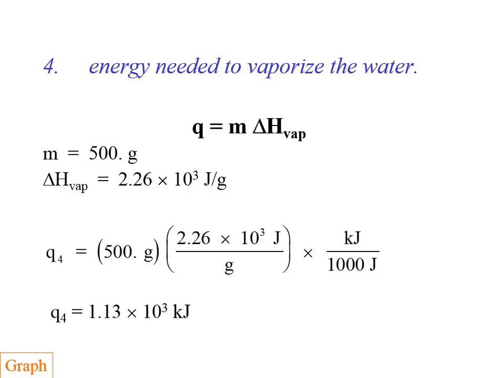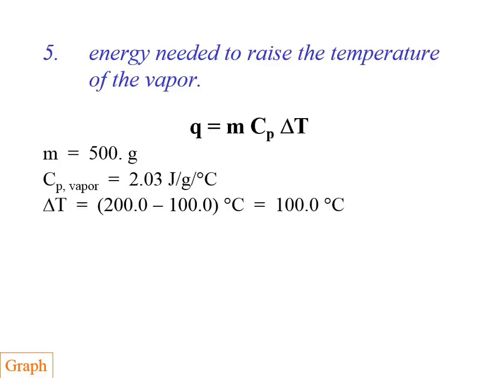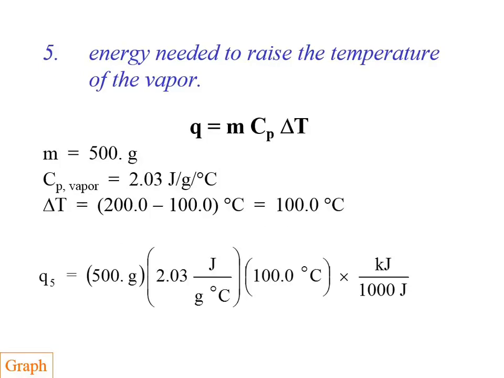Then last but not least, now it's a vapor, and we're ready to jack the temperature up from 100 to 200. So we're going to use Q is equal to M C sub P delta T. Q is equal to the mass, which is 500 grams, 3 sig figs. The specific heat of steam is 2.03 joules per gram degree Celsius.